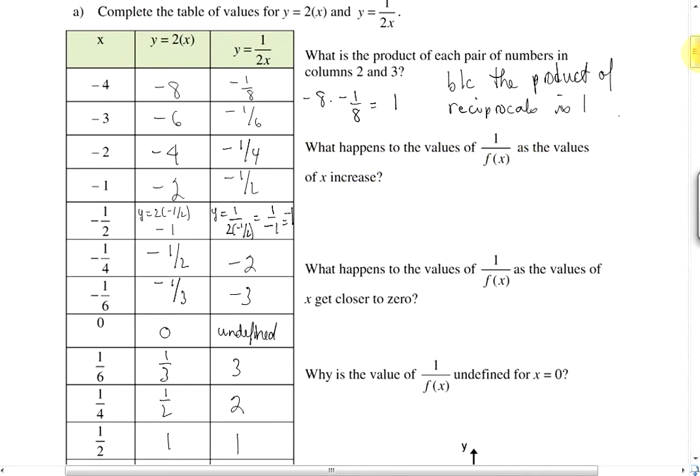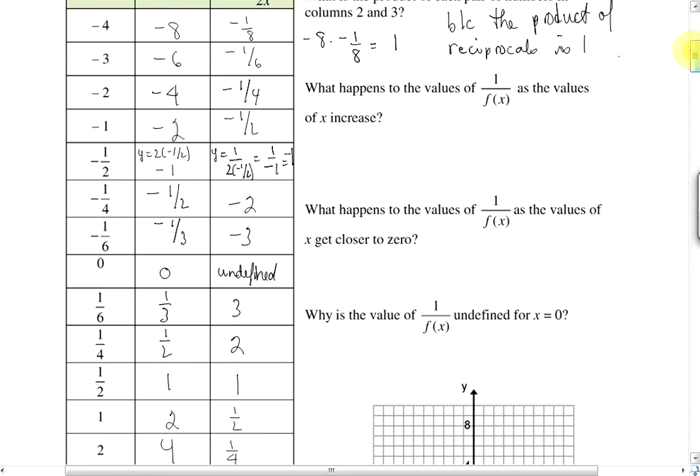Okay, what happens to the values of 1 over f of x as the values of x increase? So let's take a look. We're going to start at -4 to -3, -2, -1. So the numbers are getting bigger and bigger, right? The closer we get to 0, the bigger those numbers get. And what is happening to our y values on our reciprocal function? We've got a number very close to 0, but as x gets bigger, our y value is getting further and further away from 0.